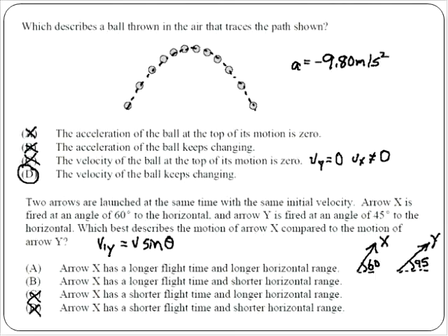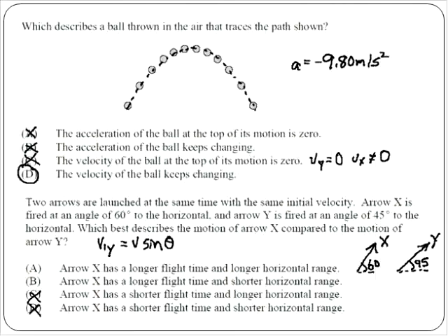So although arrow X has a larger vertical velocity, at the same time it has a smaller horizontal velocity. Okay, so even though it has a longer time, it has a smaller horizontal velocity. And when you work it out, you'll find that arrow X wouldn't go as far as arrow Y.